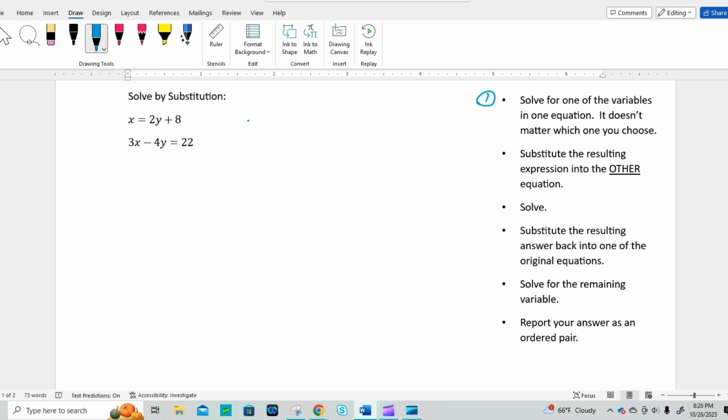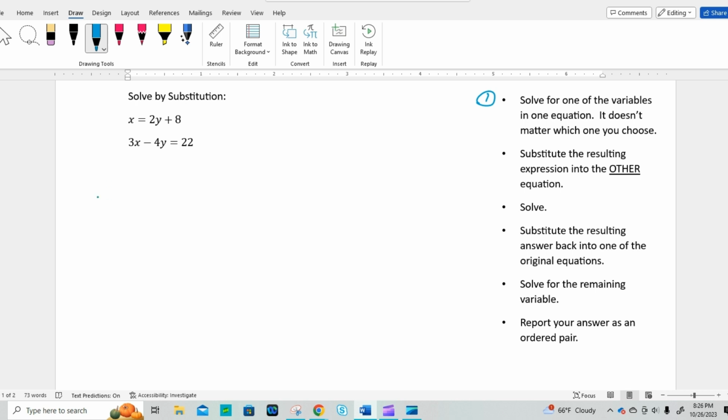And the reason is not just because it's shorter or it's lazy. It's because the more steps that you take before you even start, the more chances you have to make a small error like a sign error before you even get going. So I tend to go the most direct route that I can go.